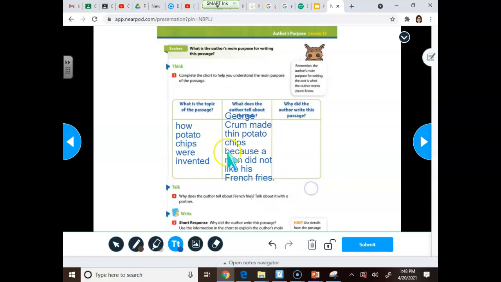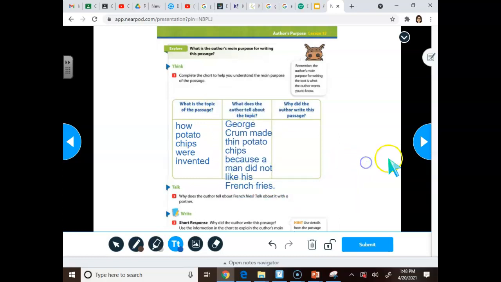Move it over a little bit so it'll all kind of fit. All right. Why do you think the author wrote this passage?